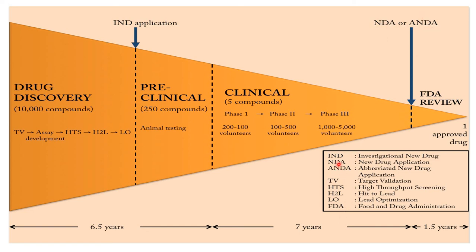See, NDA is a new drug application, ANDA is the abbreviated new drug application, and this clinical trial takes about 7 years, and further this FDA approval, that is Food and Drug Administration, that is NDA, the new drug application, takes about 1.5 years to finally launch the marketed drug for the society and for the benefit of the society.